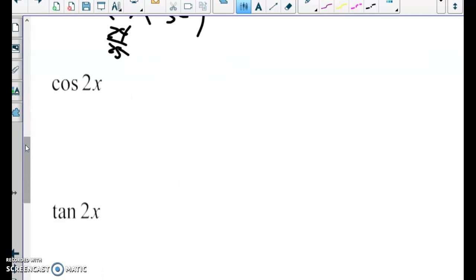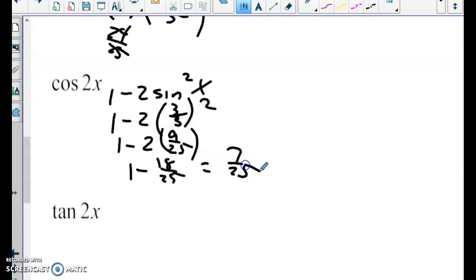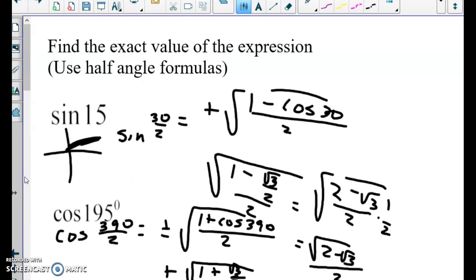So the formula that says 1 minus 2 sine squared x. So 1 minus 2 times 3/5 squared. And so I get 1 minus 2 times 9/25, which is 1 minus 18/25, which gives me 25 minus 18 over 25, which gives me 7/25.